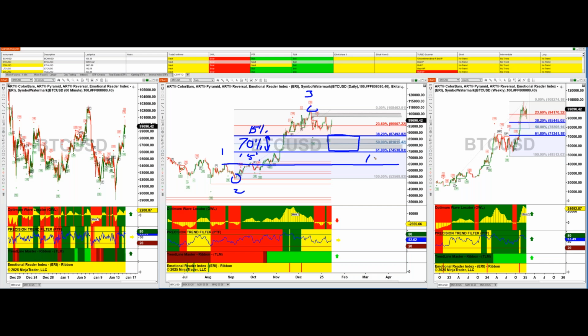So 15% of the time it would be in this area here, which is a deep retracement. A deep retracement means that the next high on the fib extension will not be as high as it would be with less of a retracement, because we use the anchoring point on wave 4 for that fib extension.